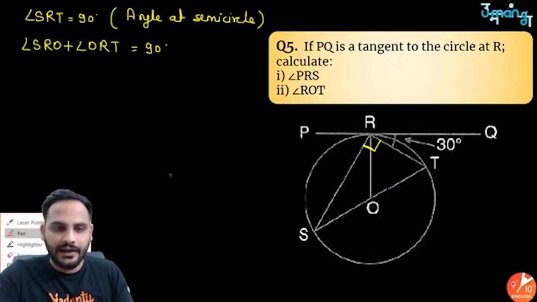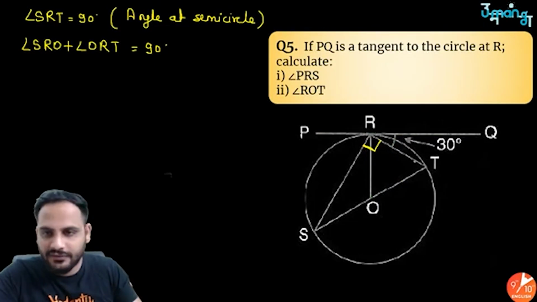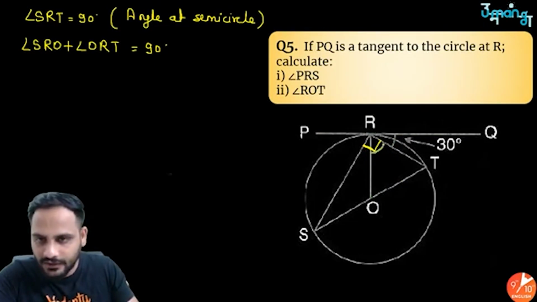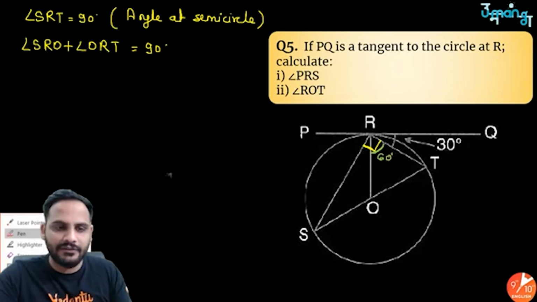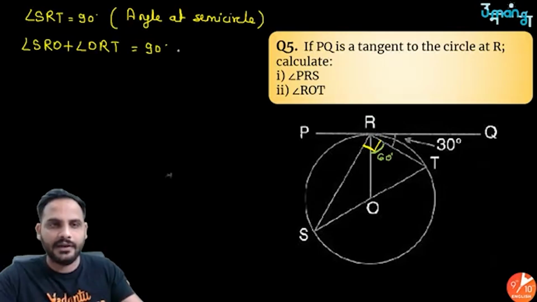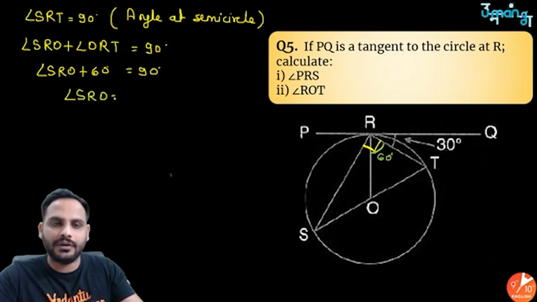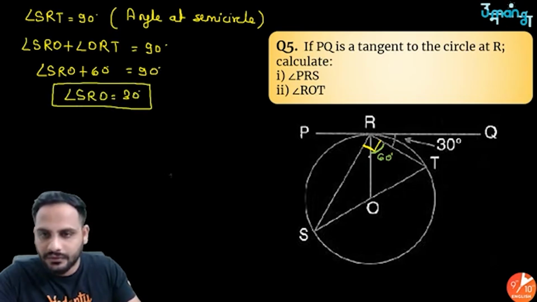In the previous part we have got this as 60 degrees. So clearly the remaining part will be 30 degrees. So angle SRO plus 60 is equal to 90. So angle SRO is 90 minus 60, which is equal to 30 degrees.